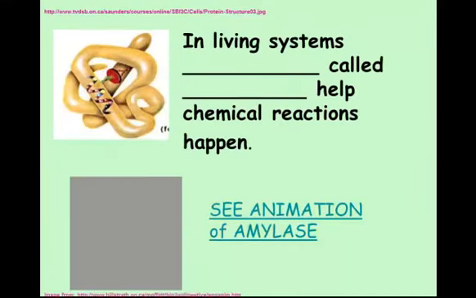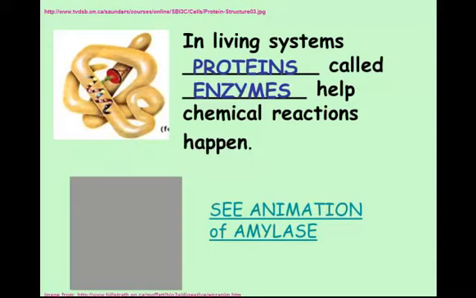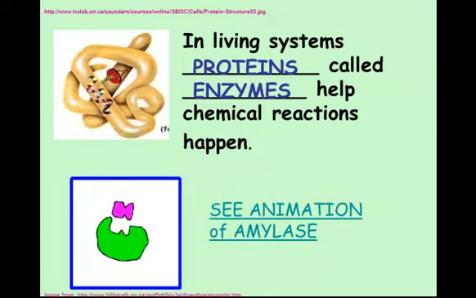We talked about enzymes, proteins found in living things that act as enzymes that can help chemical reactions happen. All of the chemistry that's going on, remember we talked about that word metabolism, all the chemistry that's going on inside your body right now is helped by enzyme molecules that help chemical reactions happen.